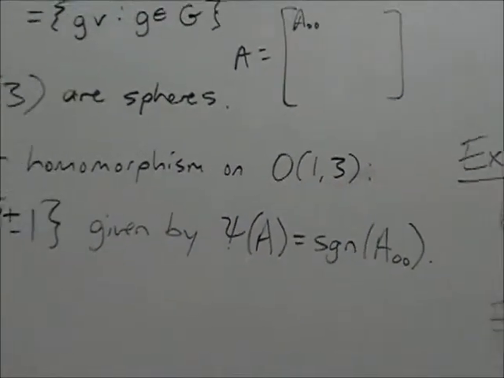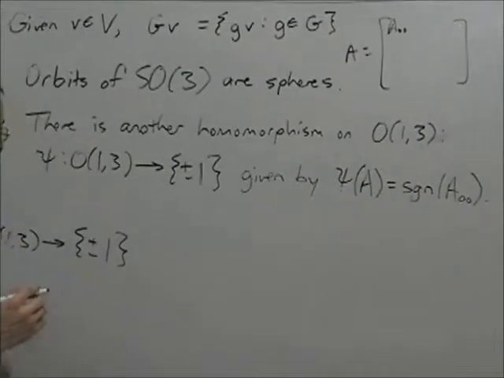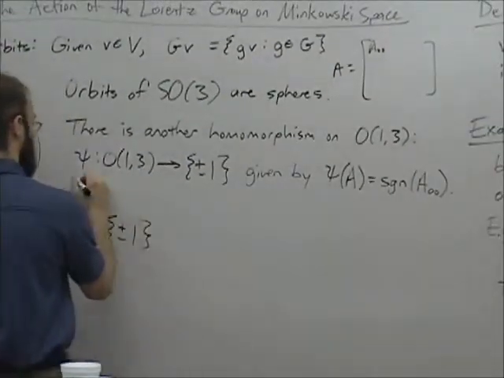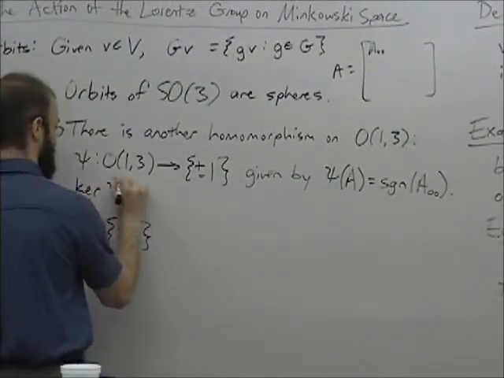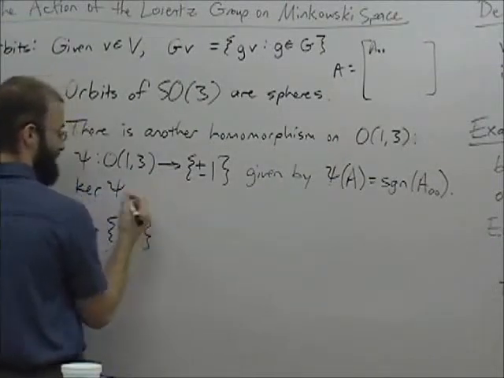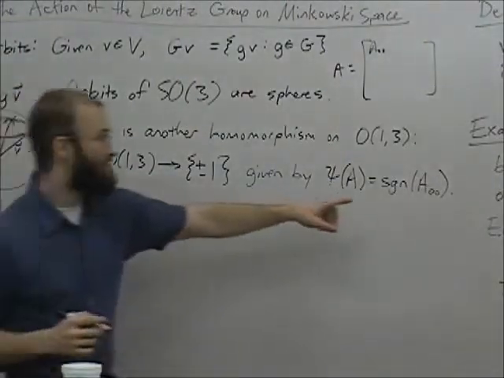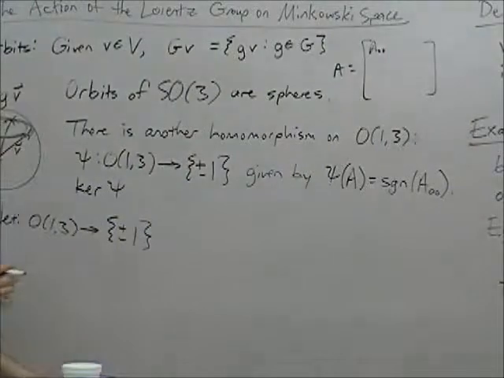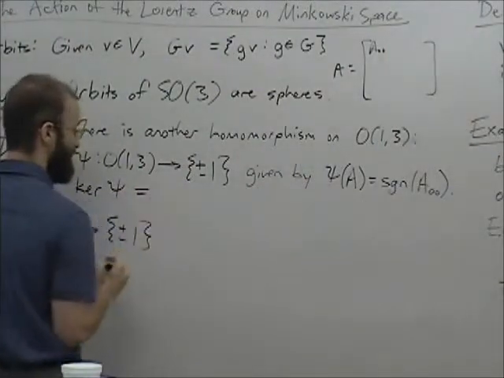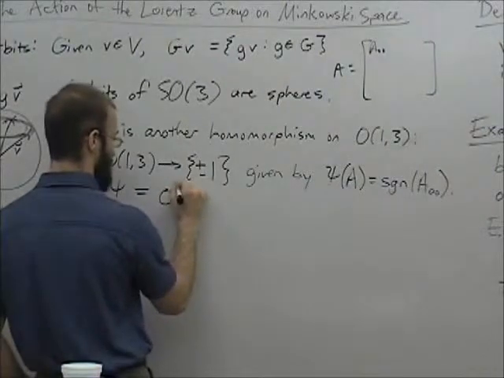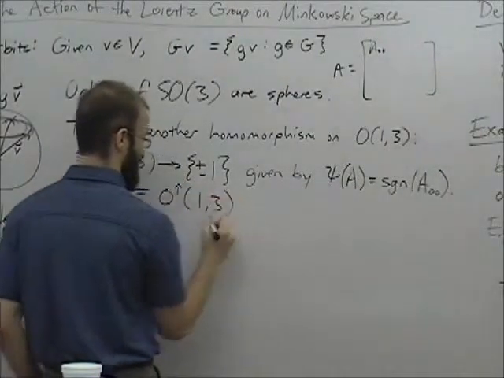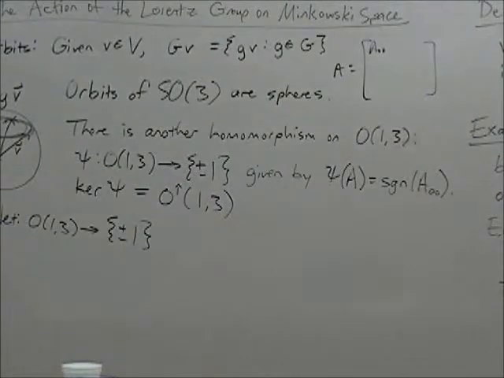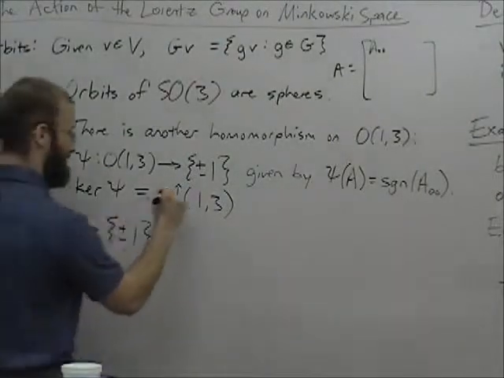All right. Now, here's where the physics comes in. Let's look at the kernel of psi. So the kernel is whenever the sign is positive 1. The kernel of psi is going to be given a name. It's going to be called O, with a little up arrow, (1,3).